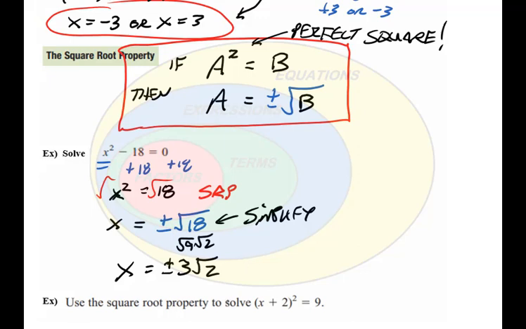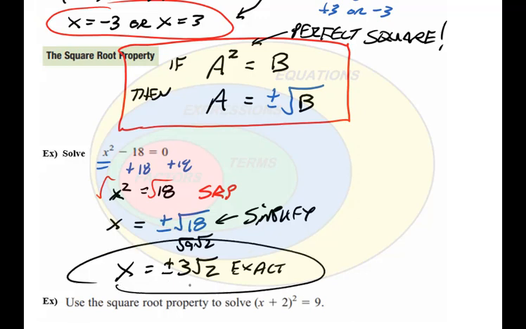So this would be the exact answers. That square root of 2 gives us our answers in exact form, right? But we know the square root of 2 is an irrational number, so we could approximate these answers.